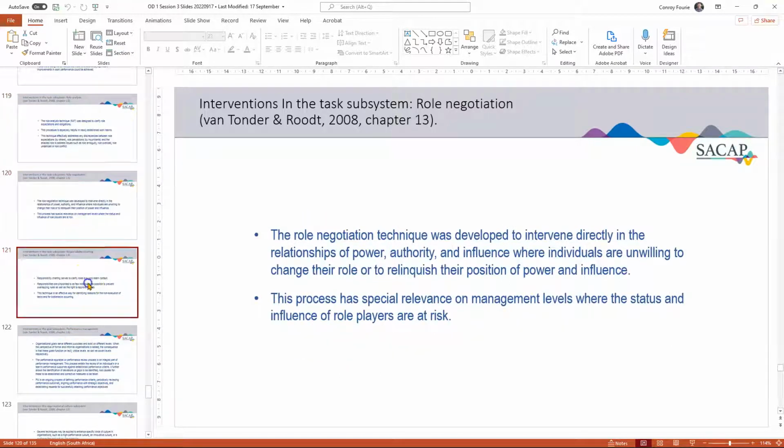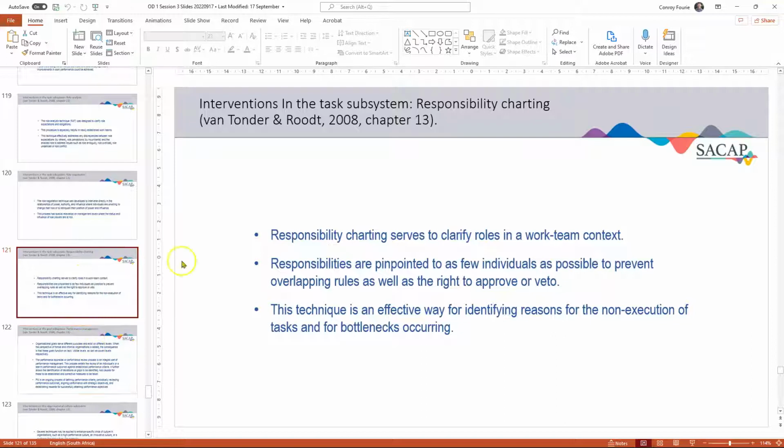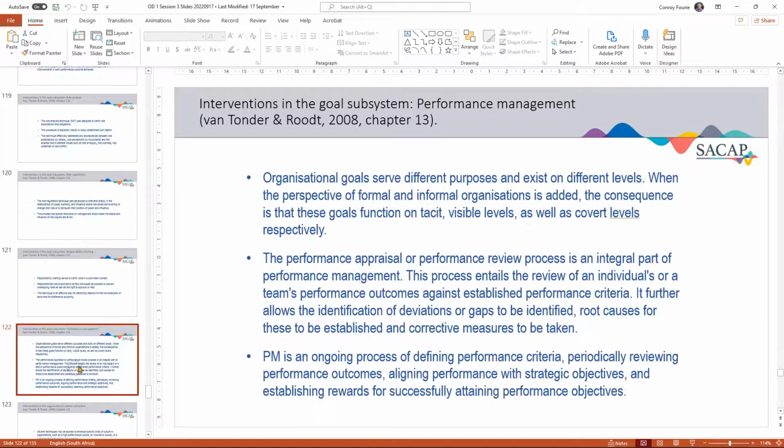Then role negotiation, broadly, responsibility charting, you can see what that's all about. So a very specific human resources intervention, I think, would be performance management. So the company, the Sasol company, had some very significant problems, hence the OD process was undertaken.